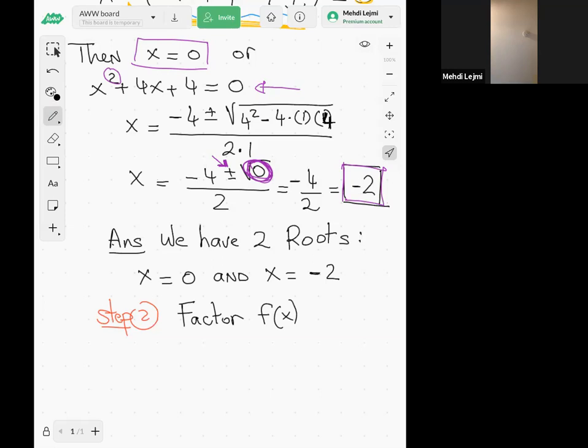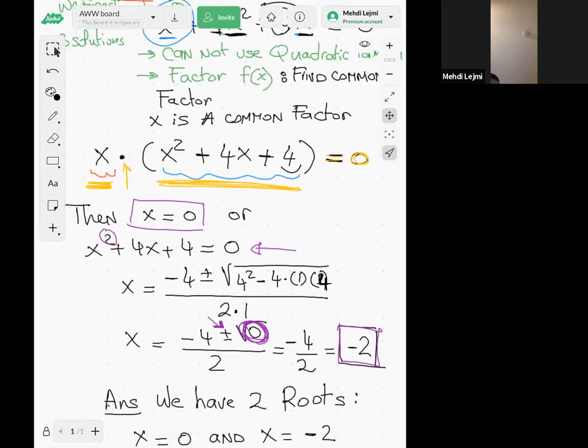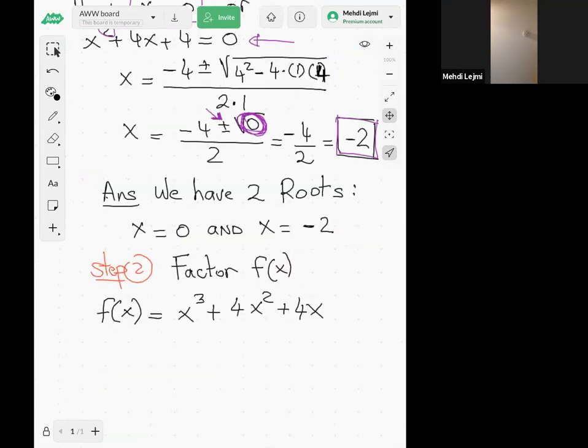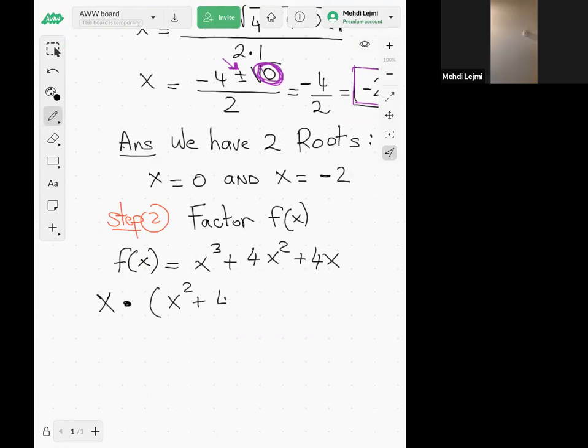We said f of x was this x cubed plus 4x squared plus 4x, right? So we started the factorization here. We said x is a common factor, so we can factor out x. So it's x times x squared plus 4x plus 4.